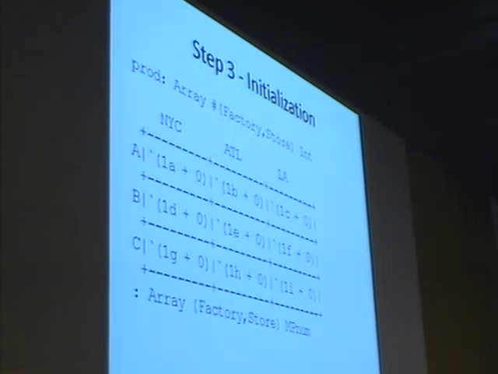Then I have to do initialization. Here I had this production thing, which was an array of pairs of integers. You can think of it as a table. There's a row A, and then cities where the stores are: New York City, Atlanta, and LA. Each of those is going to have some value.